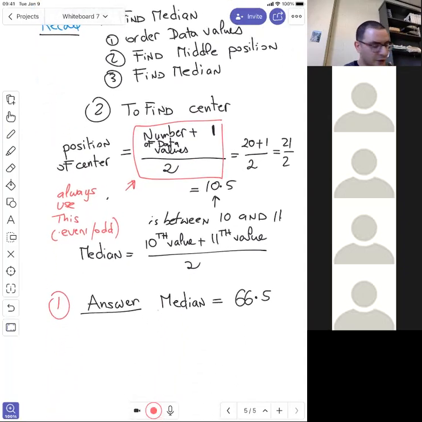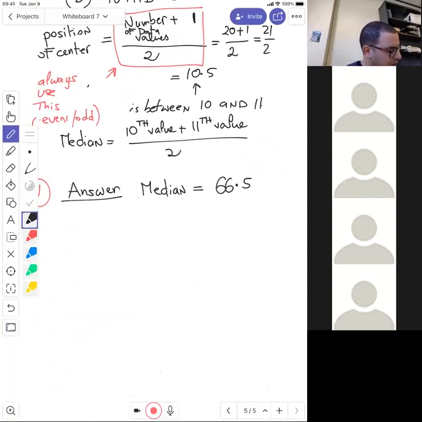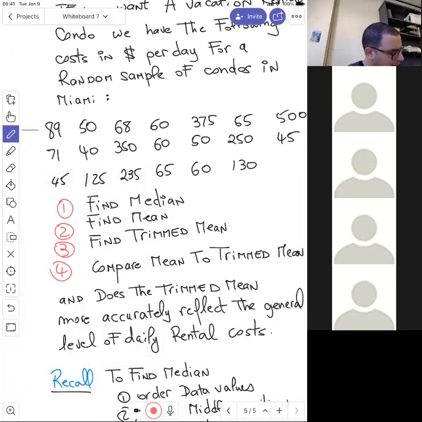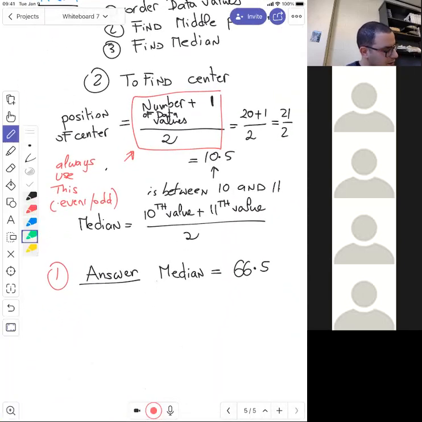First you need to order the data values from the smallest to the largest. The smallest data value is 40, so we start with 40. Then we have 45, and we have two 45s.